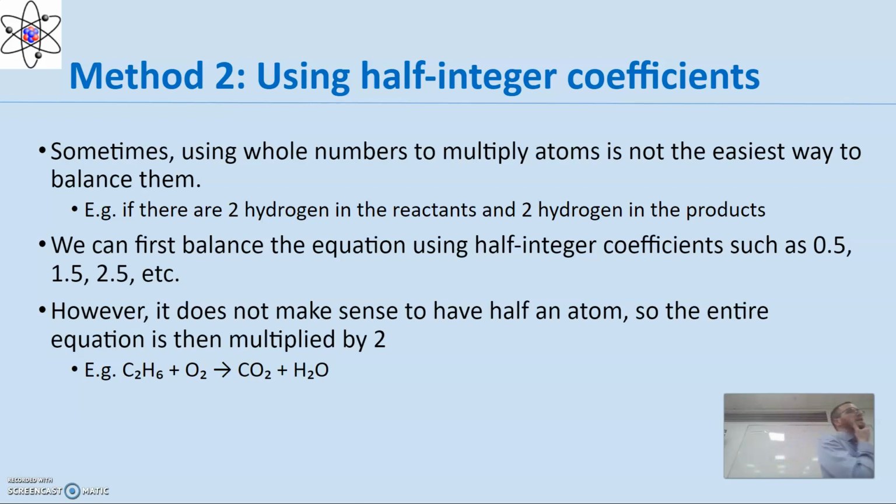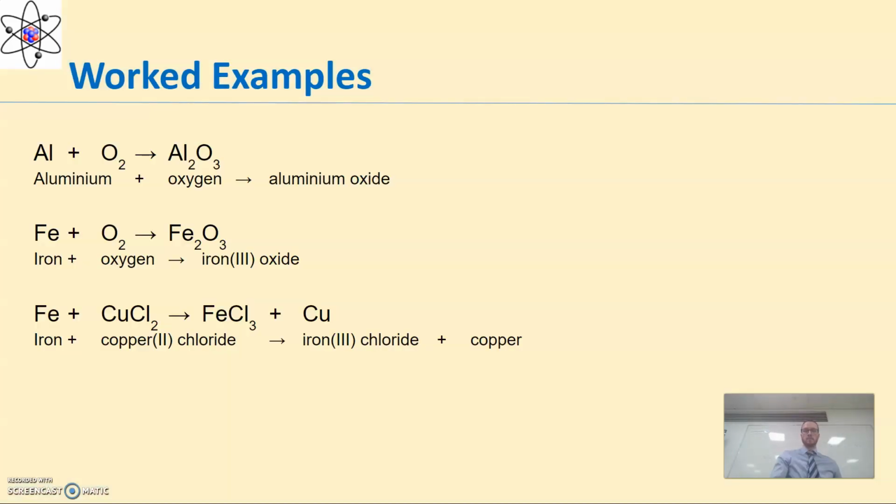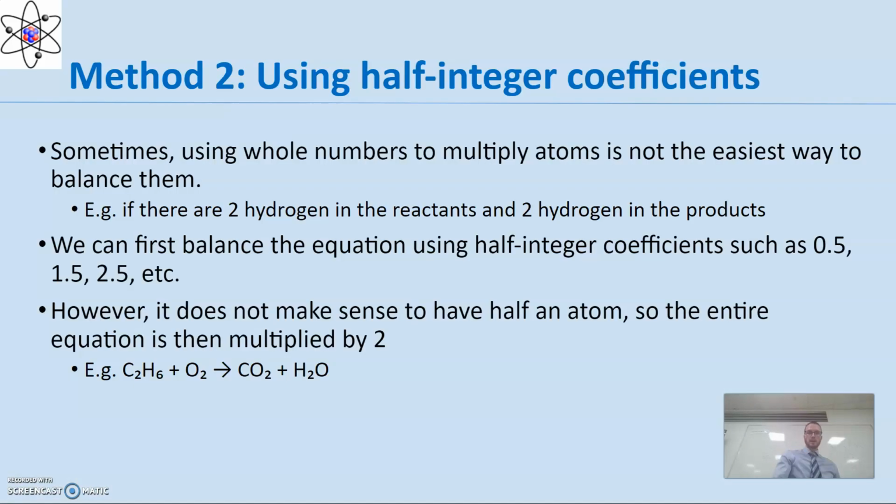Half integers are particularly useful when we're looking at combustion reactions, and this is called CHOD. Carbon, hydrogen, oxygen, double. That's what that stands for. So if I think about this example here, C2H6O2, I'm going to balance the carbons first by putting a 2 out the front here.